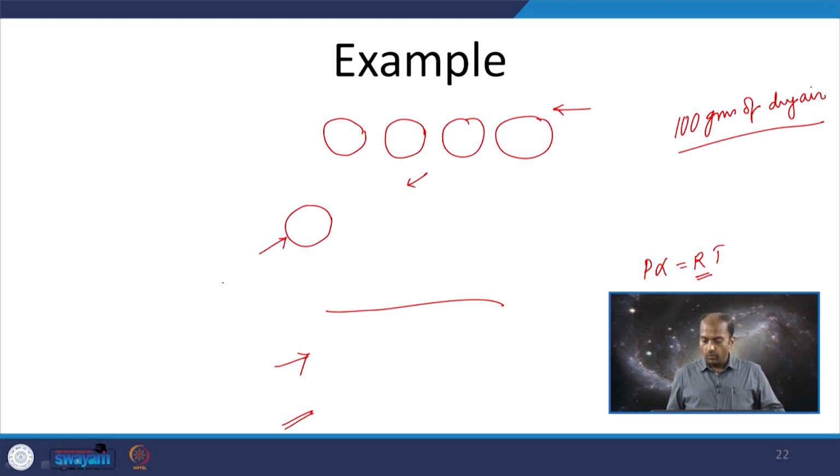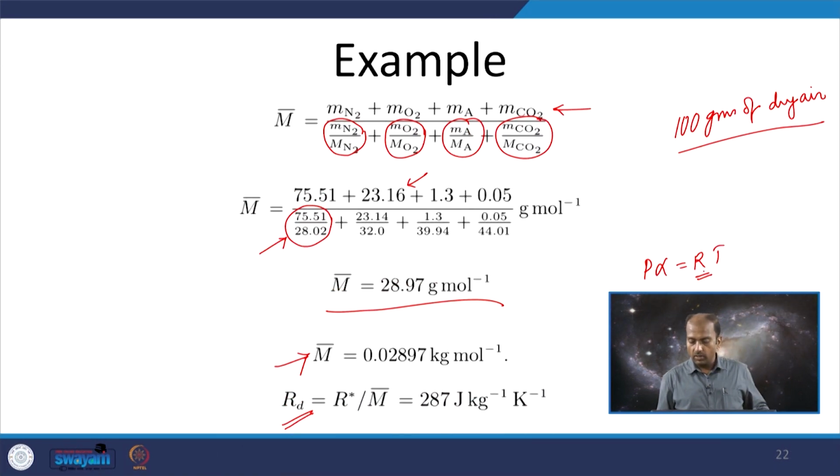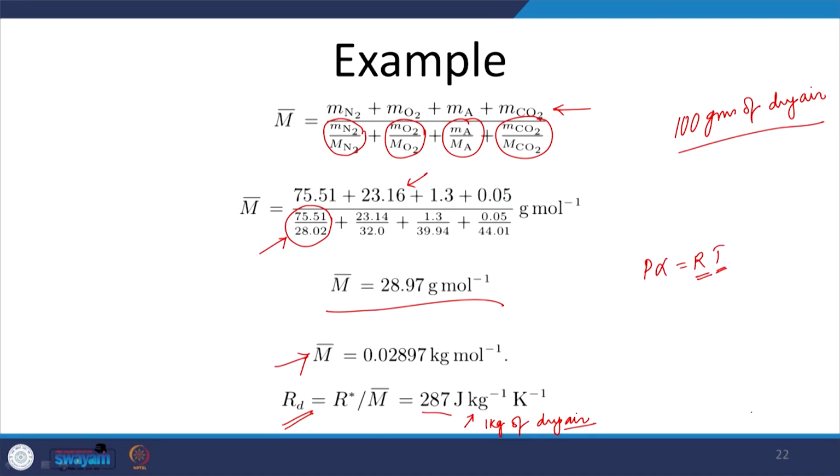If you want to use a gas constant R at a given temperature, you can use the value 287 joule per kg per Kelvin. This is the specific gas constant of dry air, again per 1 kg of dry air.